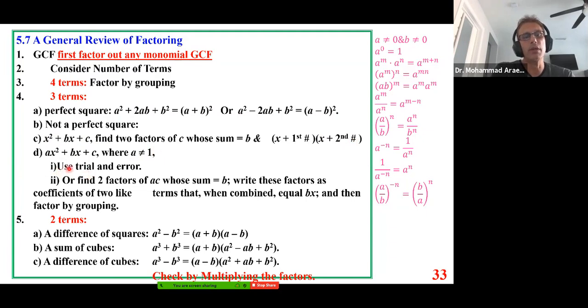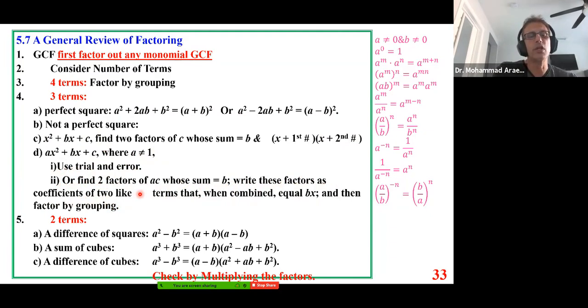You can go with the trial and error method, or find 2 factors whose product is AC and sum is b, and write these factors as coefficients of 2 like terms that when combined equal bx, and then factor by grouping. You can look at more details in my PowerPoints. And I've also given you the third method. I highly recommend you look at that. In some instances it makes life a lot easier.